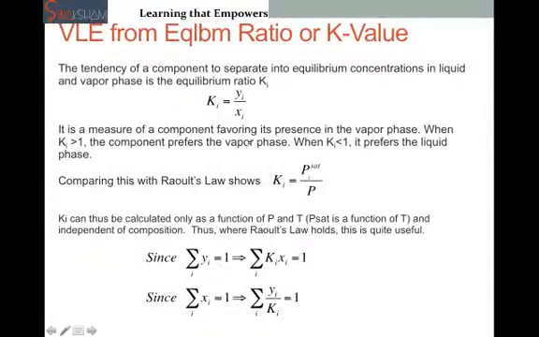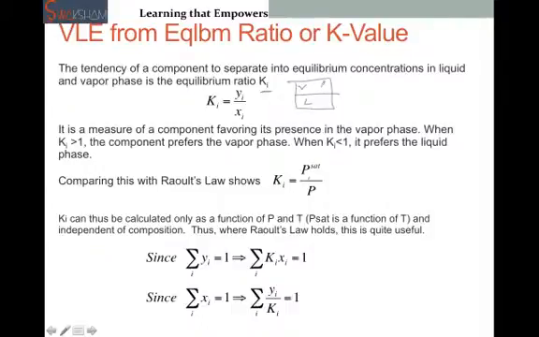In addition to using Henry's law constant, we can also use an equilibrium ratio or a K value to describe the equilibrium concentrations between a liquid phase and a vapor phase. The tendency of a component to separate into equilibrium concentrations in the liquid and vapor phase is given by this equilibrium ratio K. Let's say I have a system with liquid here and vapor here.